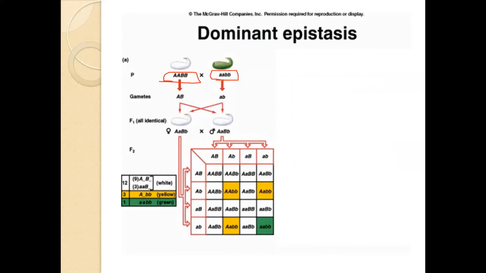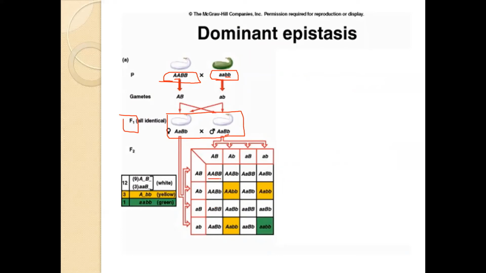In case of the F1 generation, it produces the white character, because in the presence of dominant A, B is not able to express, though it has its dominant gene here. Now, what happens to the other?